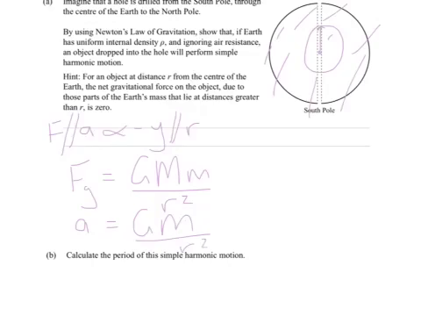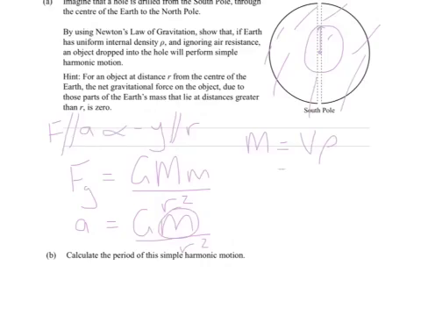Now, we've got a problem because it looks like the acceleration is proportional to the inverse of the radius squared. But we can deal with this mass. The mass of the Earth is equal to the volume of the Earth at a particular radius times the mean density, which is the mass per volume.